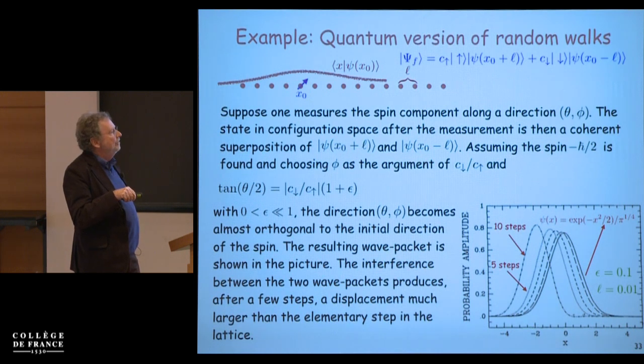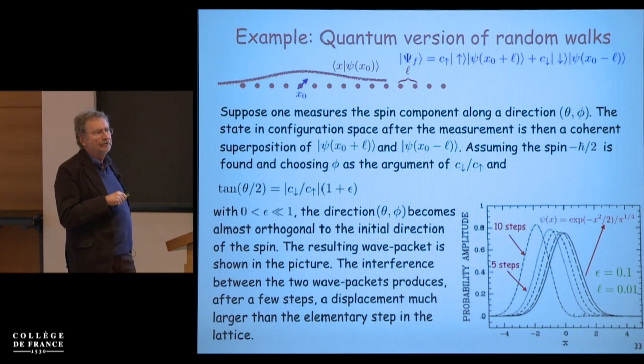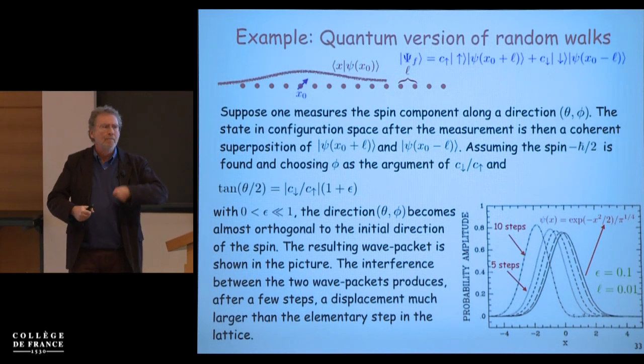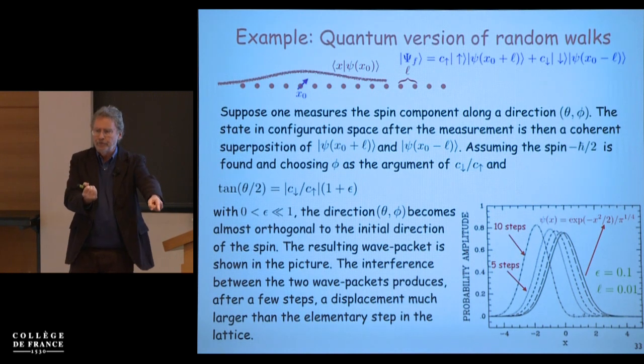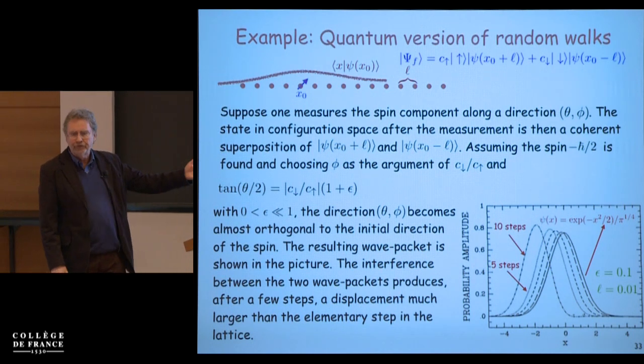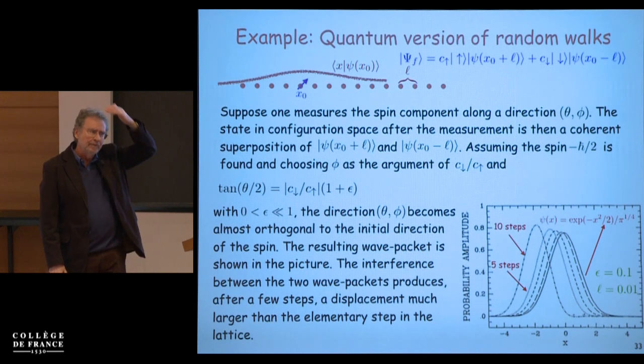That means a displacement of 2 after 10 steps. And you see 2 is 200 times the elementary step. So by successively doing that, you put the spin in the superposition, you measure along that direction, then you put it again in the superposition, you measure again, you can go much faster than by using the classical random walk.